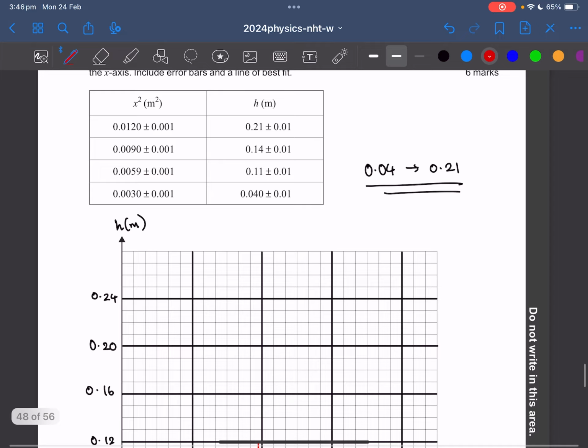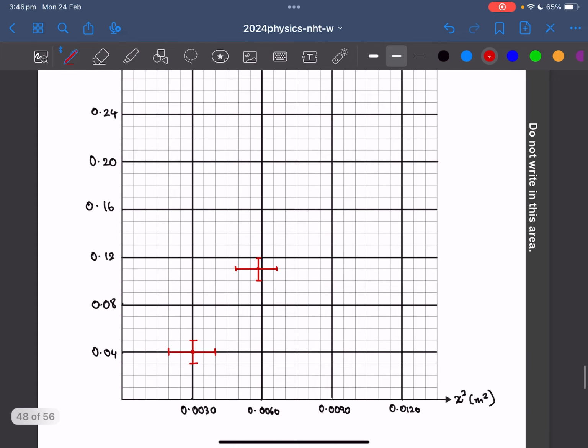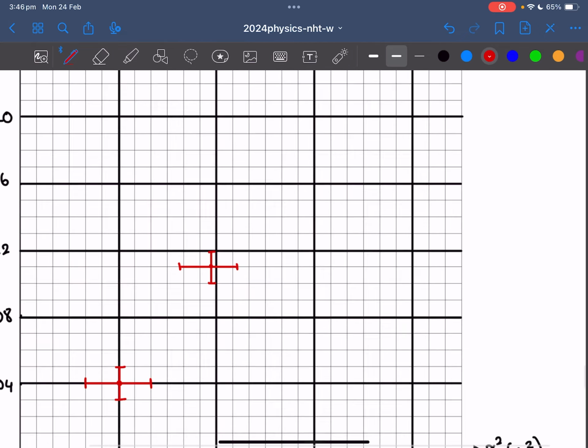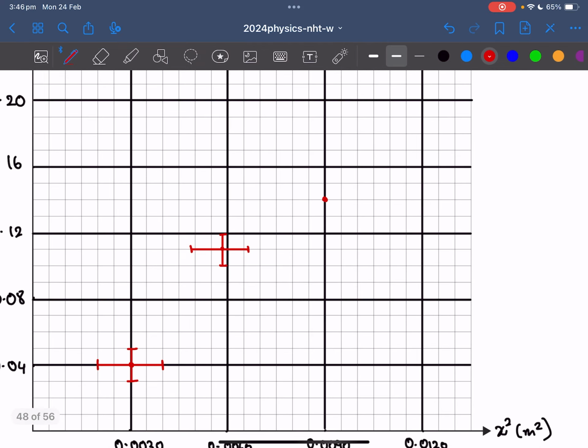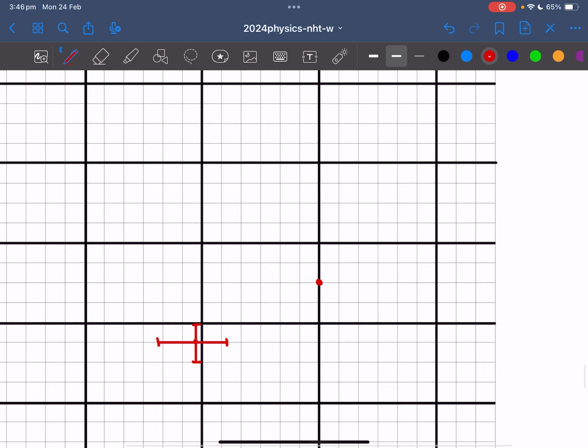Next one is 0.009 and 0.14. So 0.009 and 0.14 is going to be here, like there. Okay. Like that.